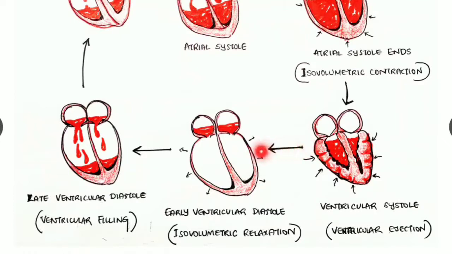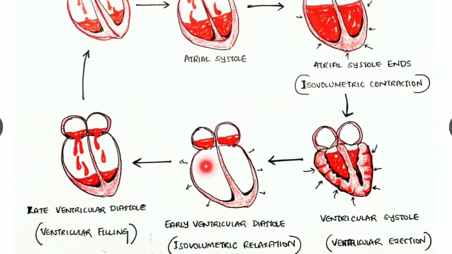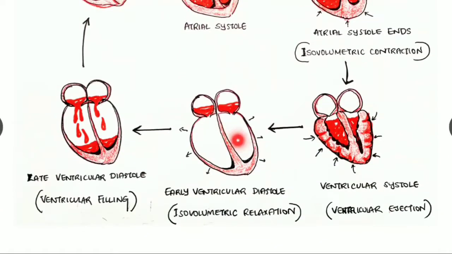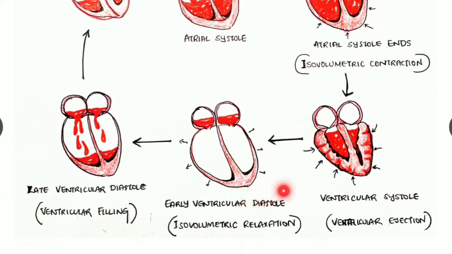Next stage is ventricular diastole. After the contraction, the ventricles sit back and relax. But we have to prevent the backflow of the blood from the aorta and the pulmonary artery. So the aortic and the pulmonary valves must be shut closed during this ventricular diastole.